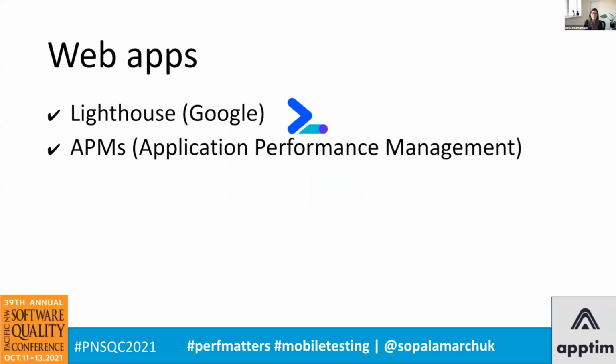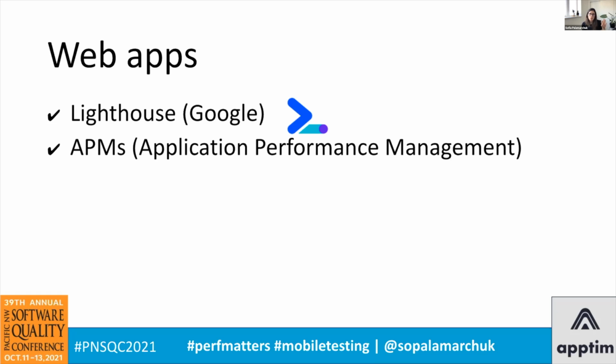When it comes to web apps, I'm pretty sure most people are familiar with Lighthouse from Google Web Dev Tools. Not only Lighthouse, but also Google Web Vitals, which is a standard for client-side performance for websites. If you use Lighthouse, you can analyze and get tips and gather a lot of information on how your website is loading on mobile, how you're loading your JavaScript resources, what the cache policies are, and if there's anything you can improve there.